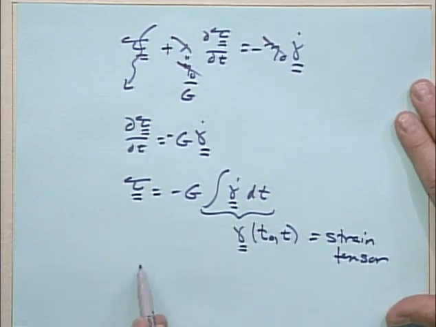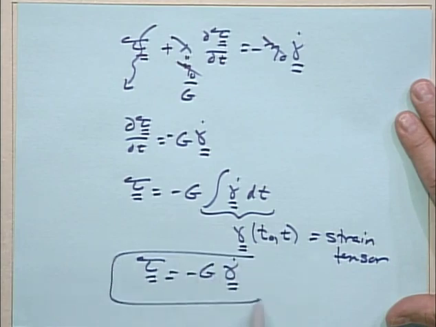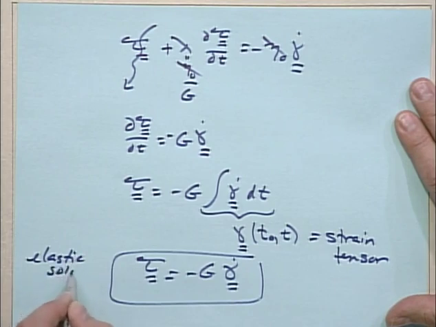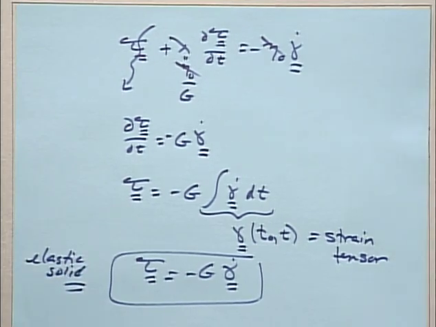So this equation, tau equals minus g, the strain tensor, this is an elastic solid. So these two limits of the Maxwell model are very slowly shearing, it gives a Newtonian fluid. And bouncing it, really hitting it fast, it just bounces like a rubber ball.